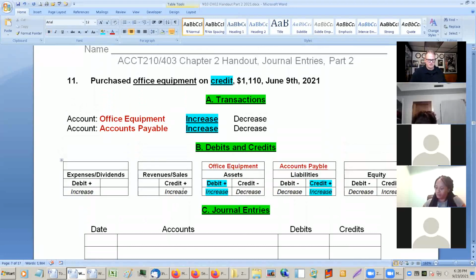Okay, so let's get these in. So office equipment's going to be a debit. Accounts payable is the credit.